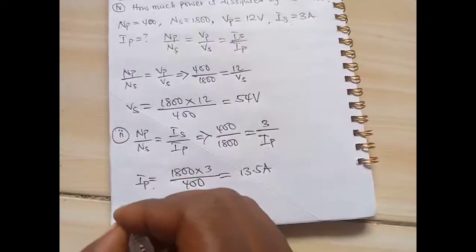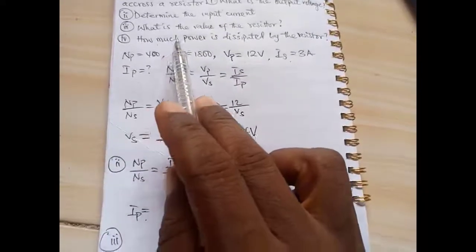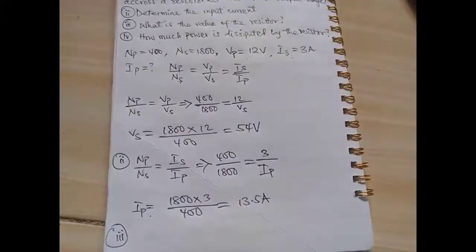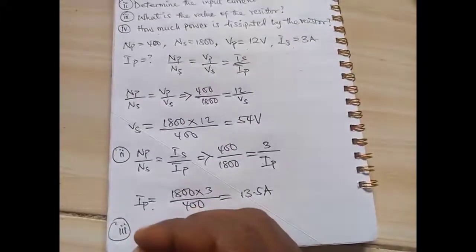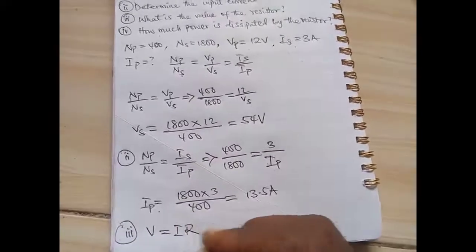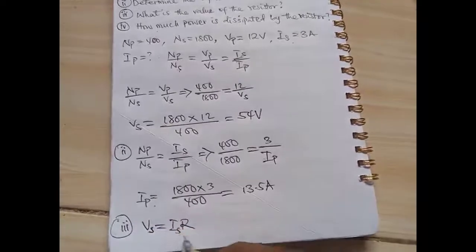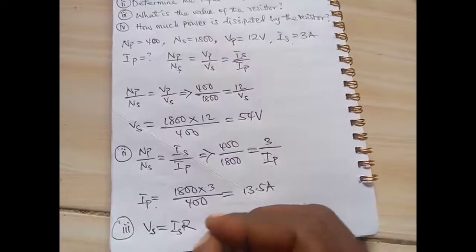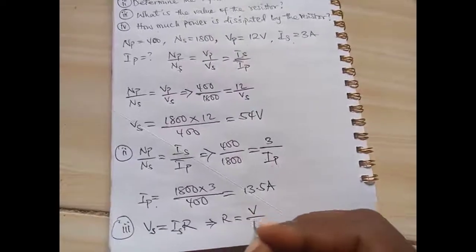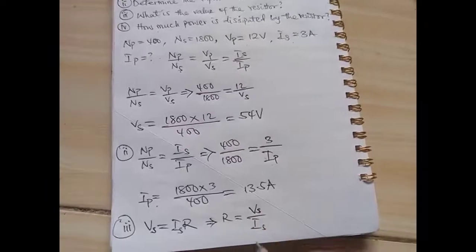Another question there says, what is the value of the resistor? Now, from Ohm's law, we know that V is equal to IR. So what we are using is the secondary to calculate this. If we make R the subject of the formula, R becomes V over I. That's what we're going to use.